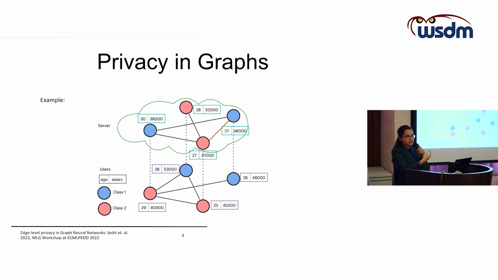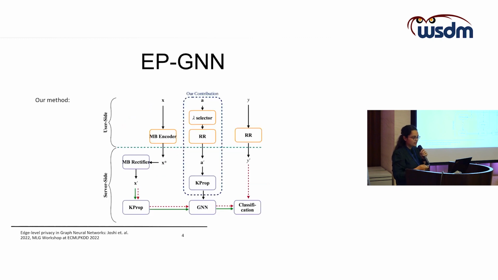So the previous works, at the time when we were doing this work, were majorly based on privatizing the feature information, whereas nobody looked at the structural information. It's very important, as we are aggregating over structure, that we may not want to disclose who our neighbors are, right? But we also want to get good accuracy. That is the motivation.